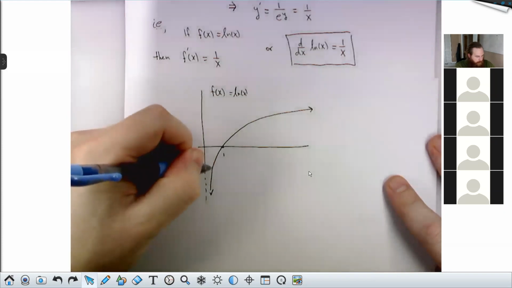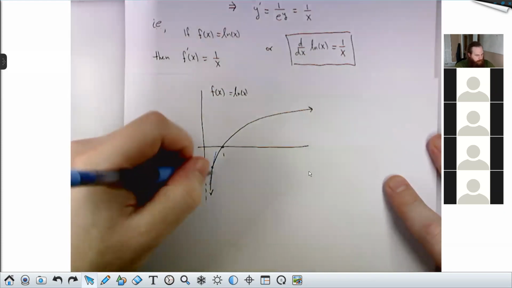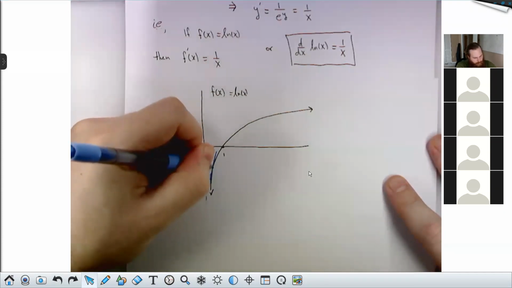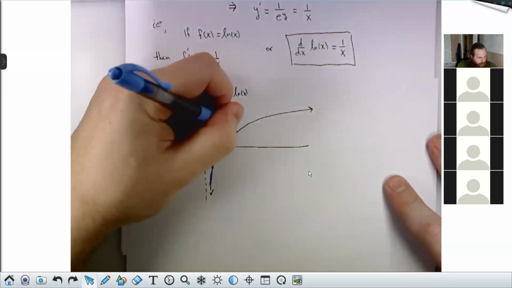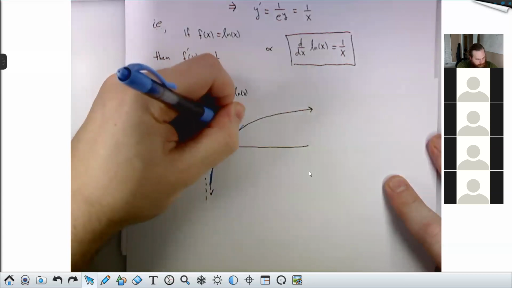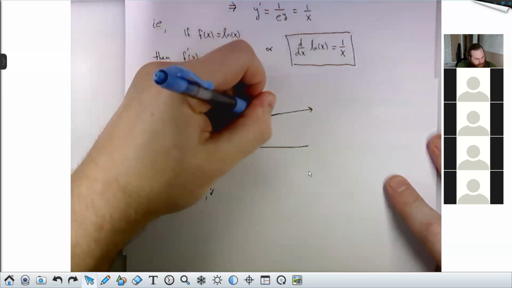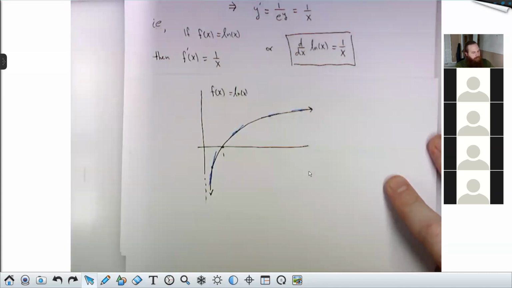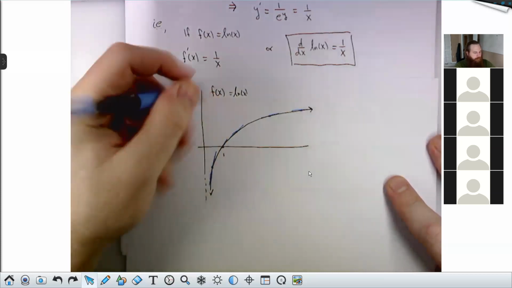If I'm back here close to 0, the tangent line has a very steep positive slope. As I move out further, the slope of the tangent line decreases. And if I look right here at 1, the slope of the tangent line is 1.